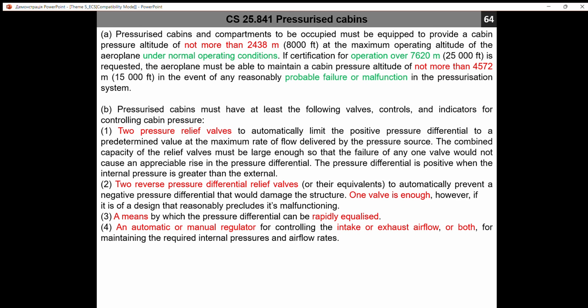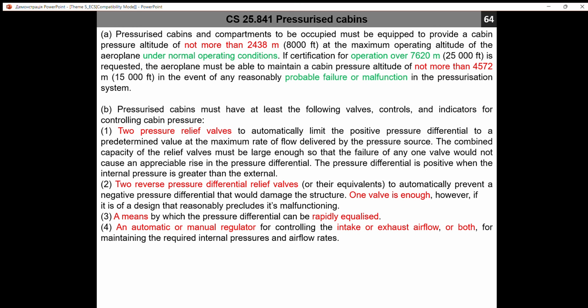So the reverse pressure differential relief valve keeps our structure safe from collapsing. It is of the simplest design, so we may apply one valve. Sometimes one valve is enough if the dimensions and cabin volume are not so huge.